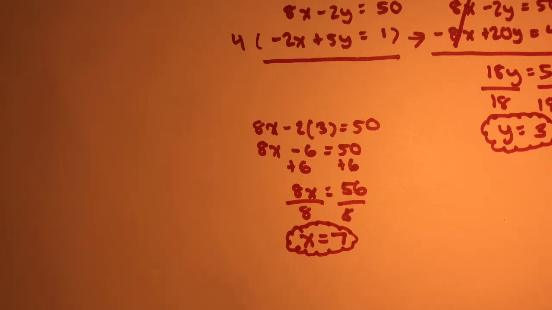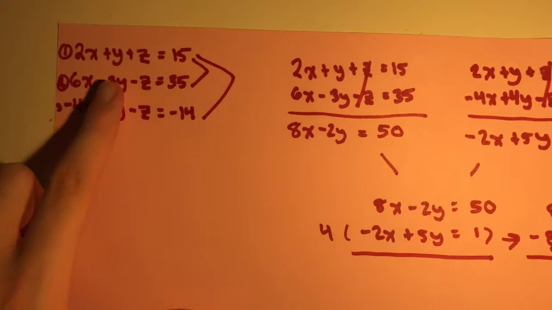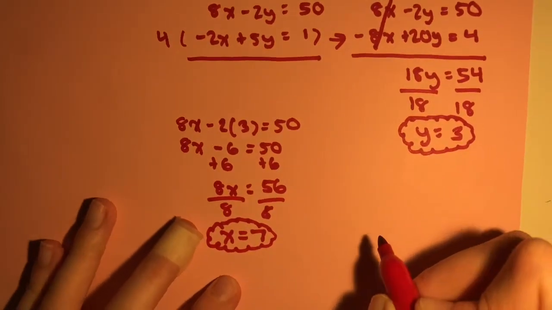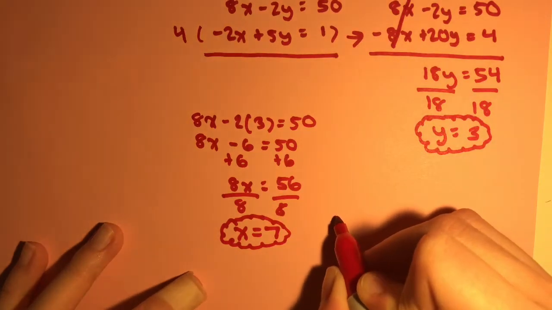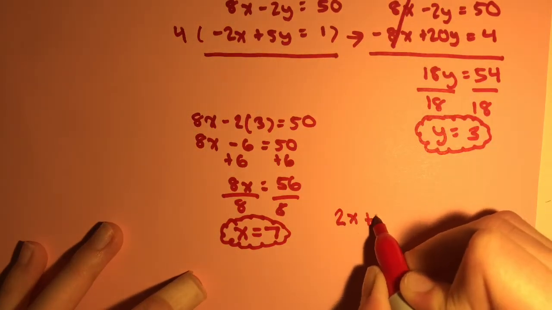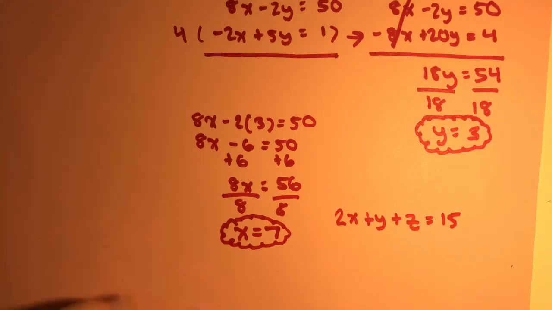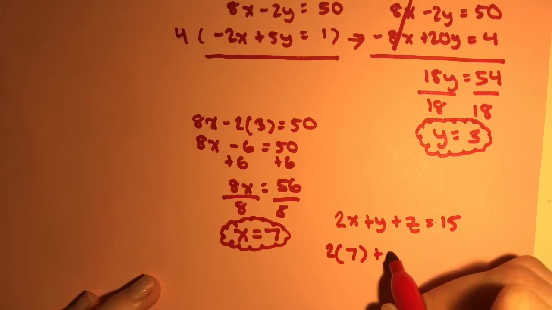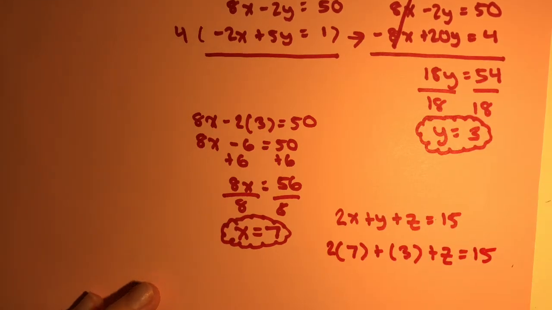Now, here's the fun part. We're going to solve for a third variable, which is z. If we refer back to our first equation given, we have 2x plus y plus z equals 15. So let's input our two variables that we solved for. 2 times 7 plus 3 plus z equals 15.